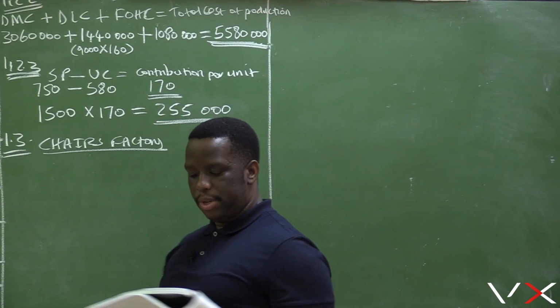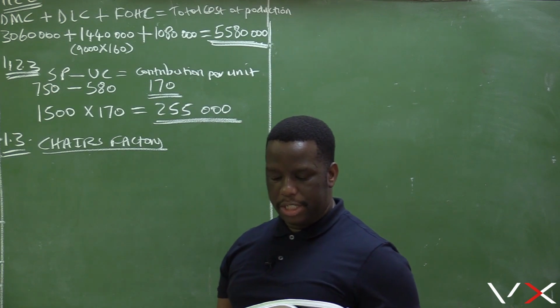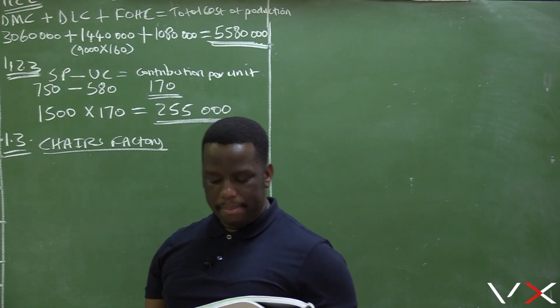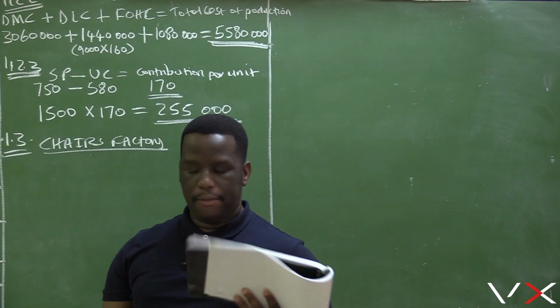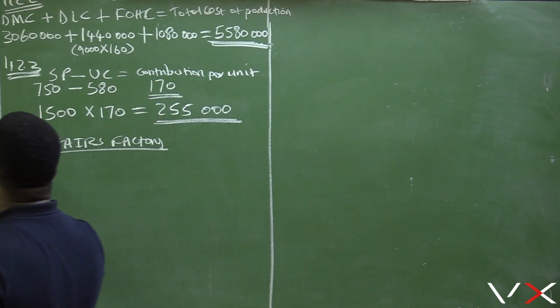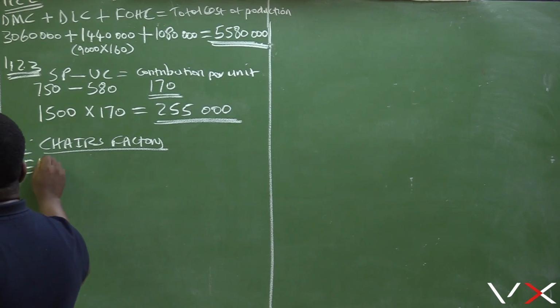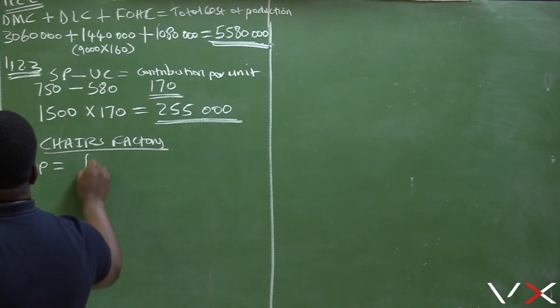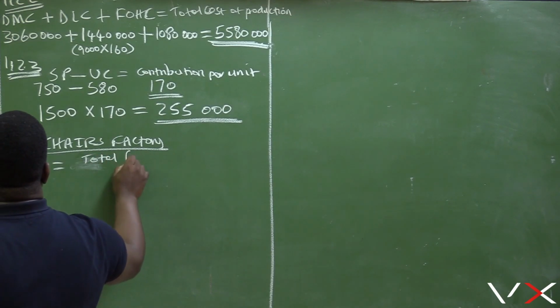1.3.1 Provide a calculation to confirm the break-even point for 2019. Remember the formula for calculating break-even point: total fixed cost over selling price per unit minus variable cost per unit.